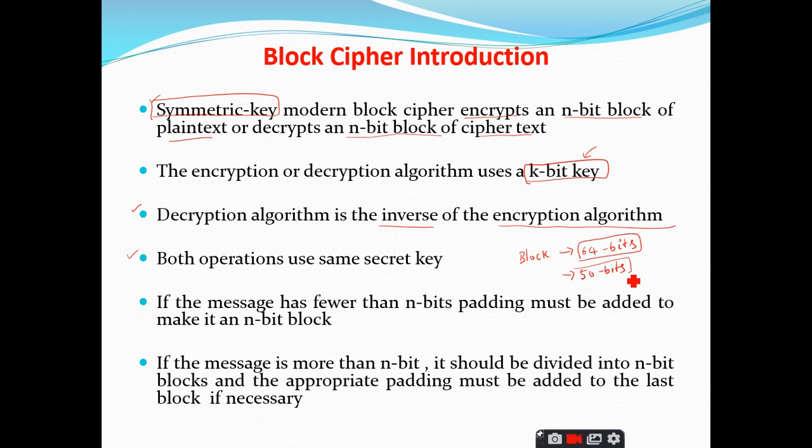But I have only 50 bits of data. So what should you do? You should fill the remaining bits of the block. How many bits are remaining here? 14 bits. So all these 14 bits have to be filled with dummy data. So filling up the bits with dummy data is called padding.